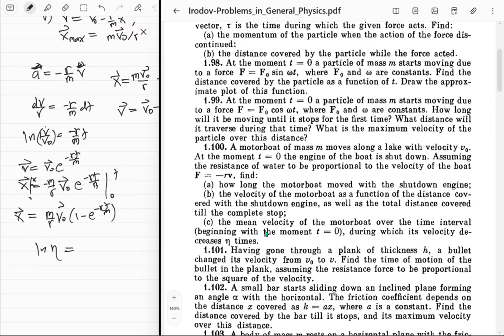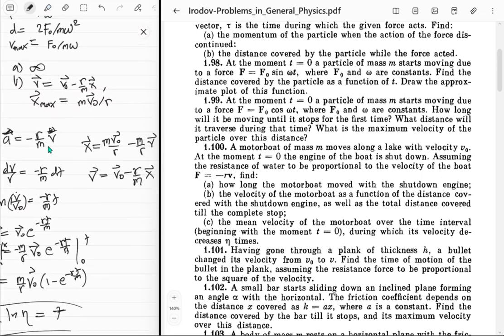The velocity decreases these many times, right? So it's going to be v naught upon eta. That's what we will do. So this is equal to r upon m times t, so m upon r times that. And what's the x at that point?